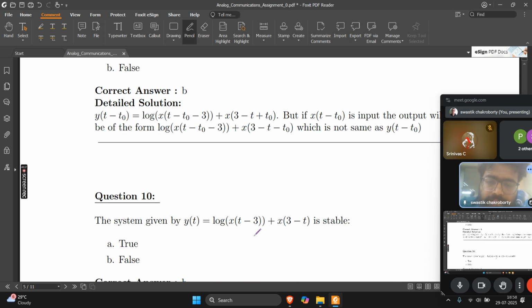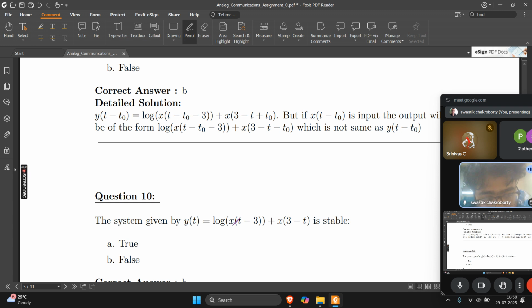Next is stability. If x(t) is bounded, if |x(t)| is less than B, finite, then x(t minus 3) is also finite. That is guaranteed. x(3 minus t) and x(t minus 3) are both finite if x(t) is finite because they are just shifted versions of x(t).